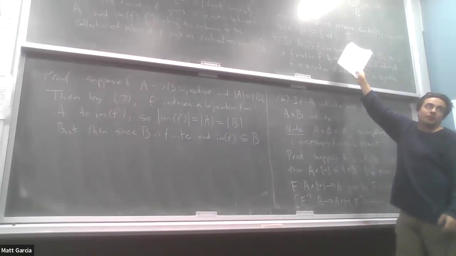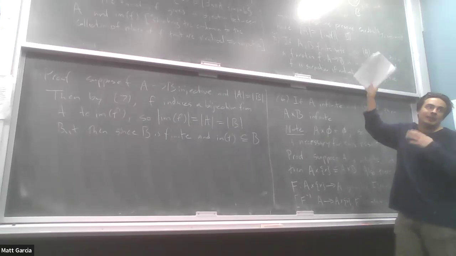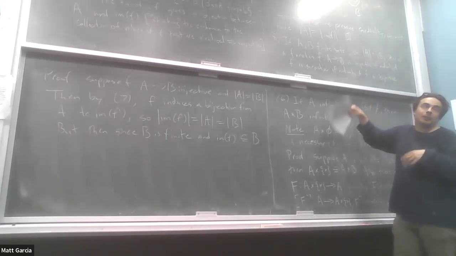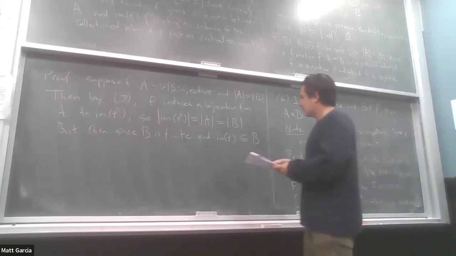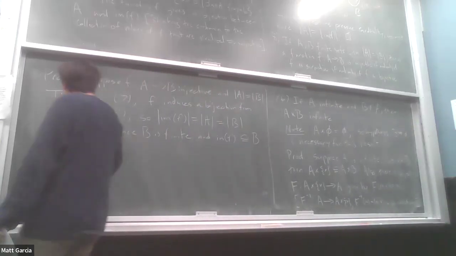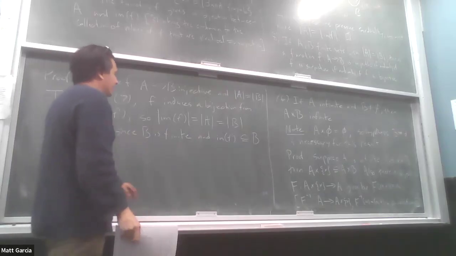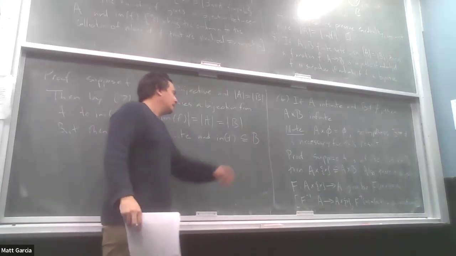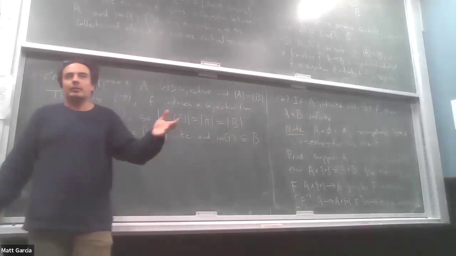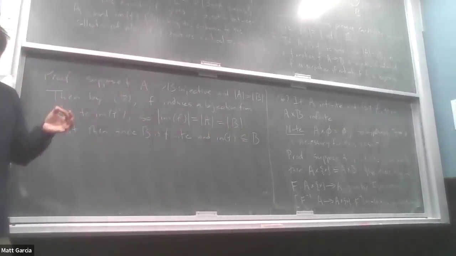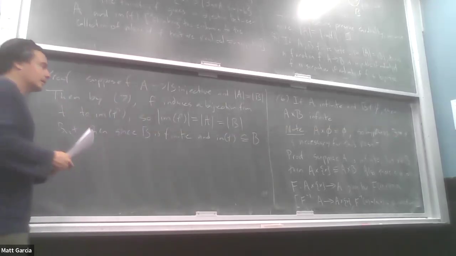The image of f is just the values in the codomain that actually get hit by the function. So this will always be a subset of the codomain. So we have two finite sets, the image of f and B, which have equal cardinalities. What does that tell us? That the sets themselves have to be equal.